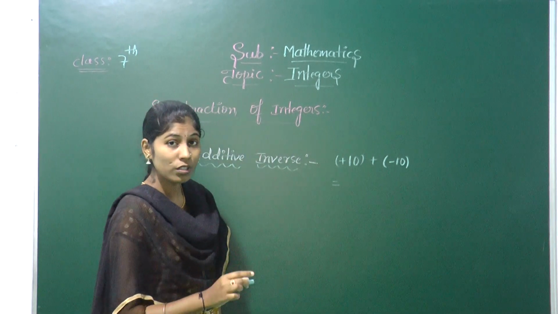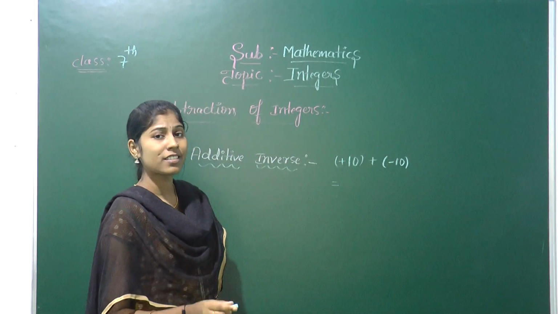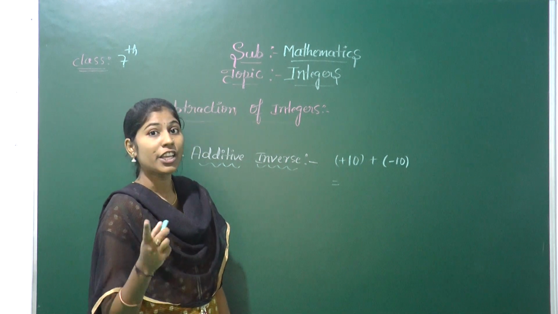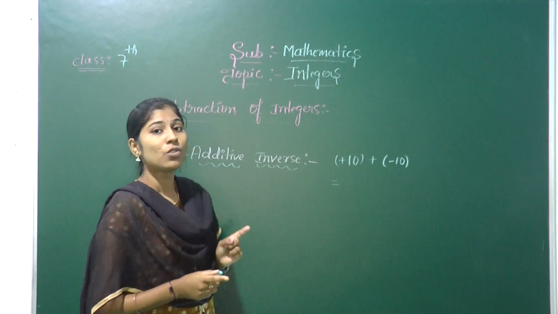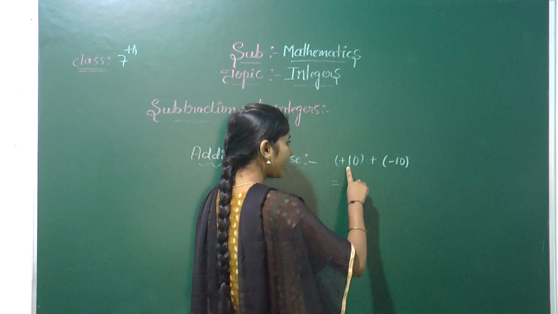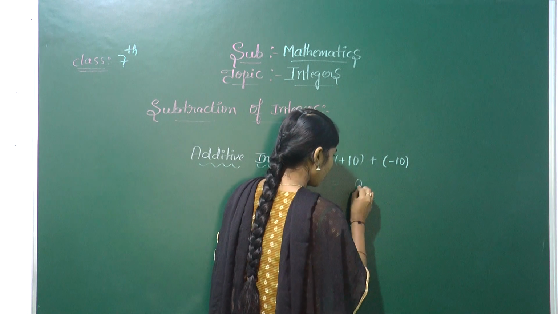So what is the rule? If one integer is positive and one is negative, and you are adding them, you just do subtraction. So 10 minus 10 is 0.